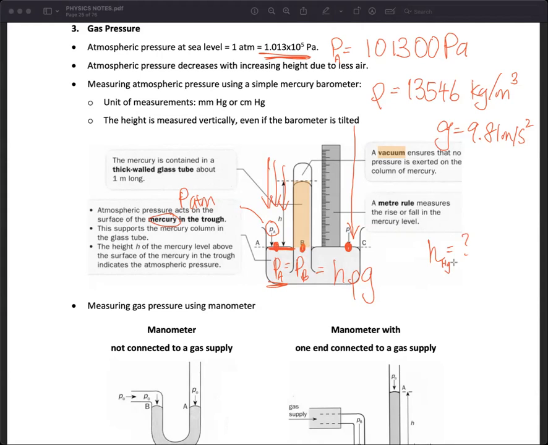Liu Shixuan, value has no meaning if there's no unit. Okay, so can you write down the unit? Okay, Hao Ming, well done. You share the answer with everybody.